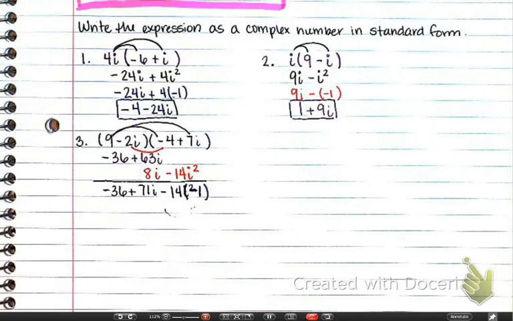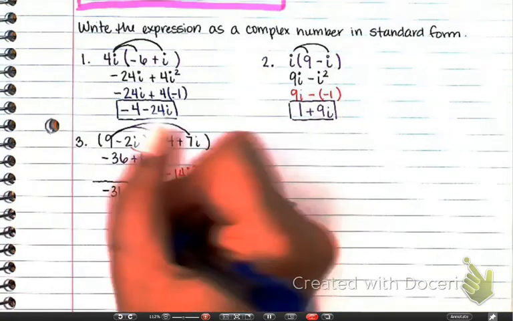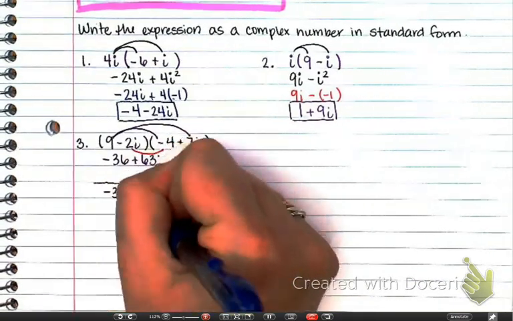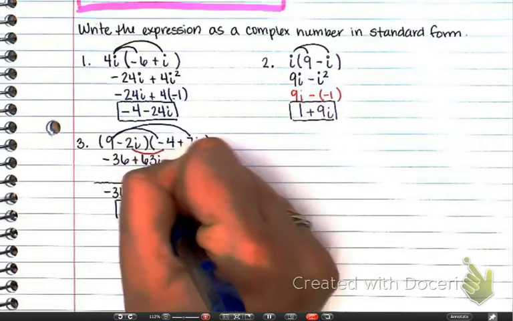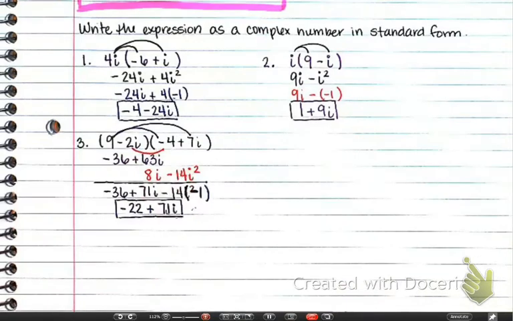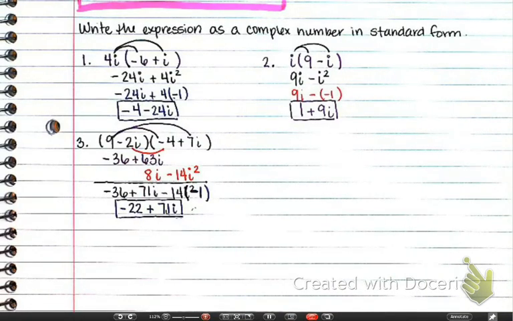And what's negative 36 plus 14? Negative 22. So negative 22 plus 71i is going to be my answer. I want to show you something with the box as soon as we get to it, which might be helpful. Are we okay with that?